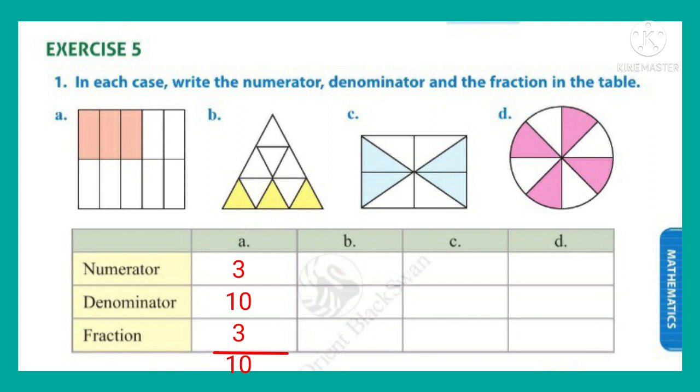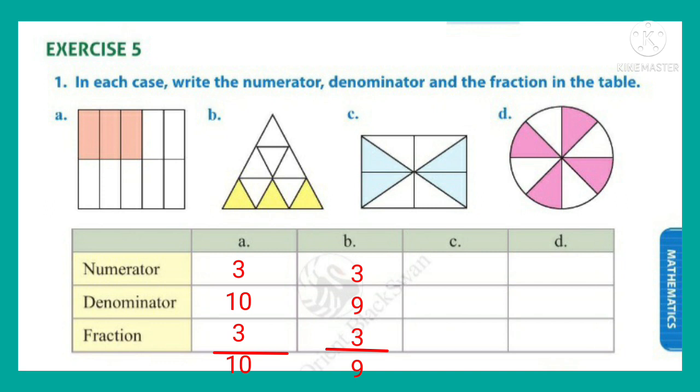Then see the second figure. How many parts are colored? 3. So 3 is the numerator. Then how many equal parts are there? Yes, 9. So 9 is the denominator. So what will be the fraction? 3 by 9. Now the next figure, how many colored parts are there? 4.